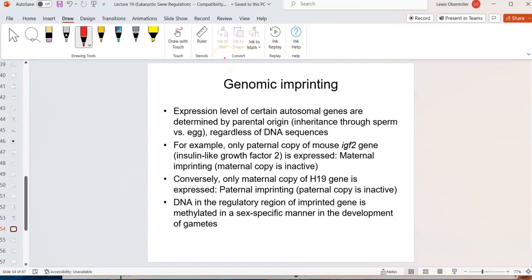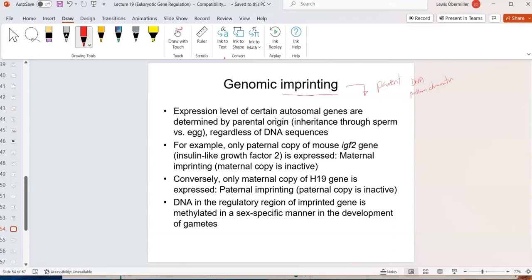So imprinting is a term for what you inherit from a parent. And it's not the DNA itself, it's the pattern of chromatin acetylation, methylation, and other modifications.